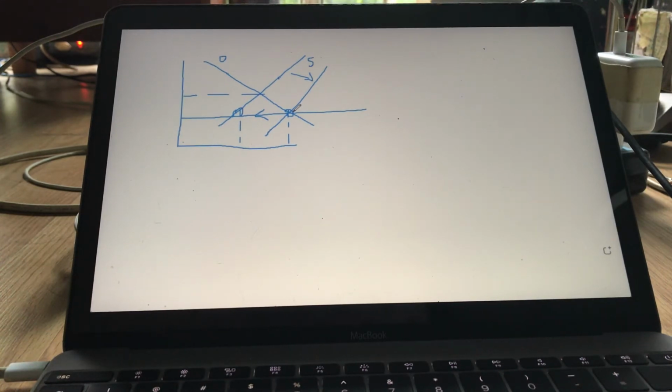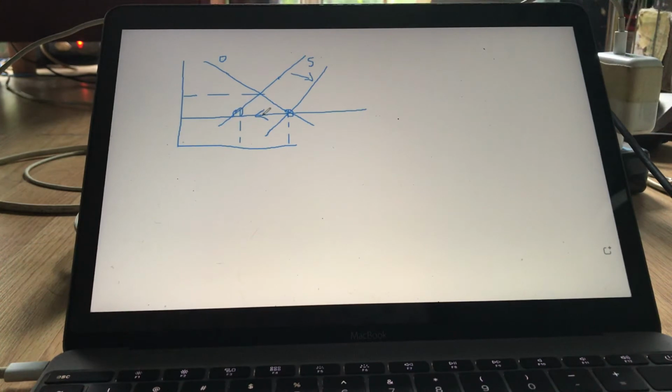So in this case, there is an excess demand. The demand is higher than the supply, so the central bank has to sell the foreign currency. And when you draw this line, you can see that the central rate is smaller than the equilibrium rate.